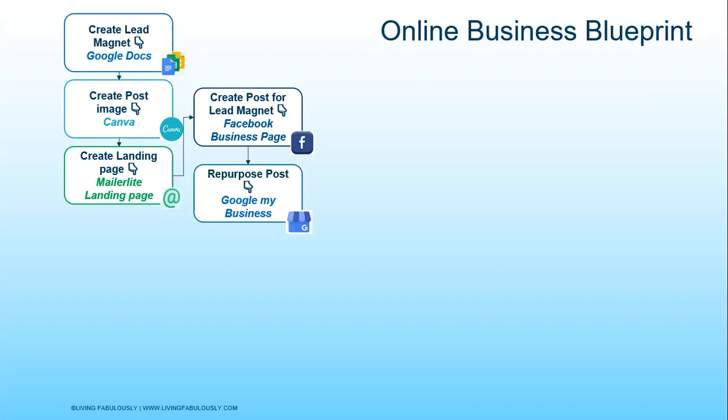You take that content and you repurpose it on Google My Business, so that if somebody Googles you and it comes up with your business page, they can right from the get-go get involved in what it is that you're offering. Your call to action is the call to action button on your MailerLite landing page, and it needs to be compelling.